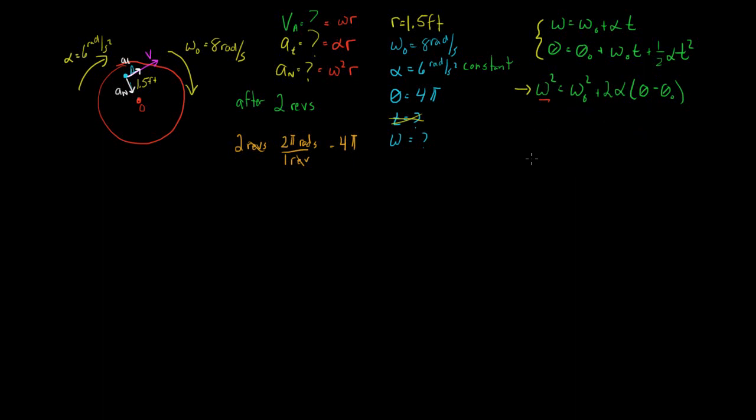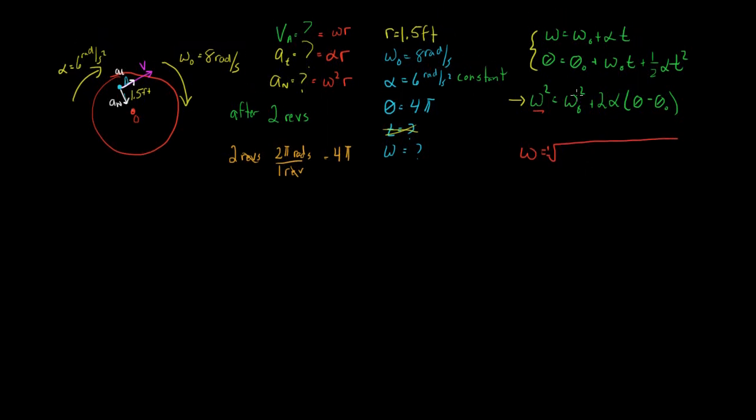If we do this, the final angular velocity is equal to plus or minus the square root of the initial angular velocity squared, so 8 squared, plus 2 times the 6 radians per second squared, our angular acceleration, times this change in angular position.